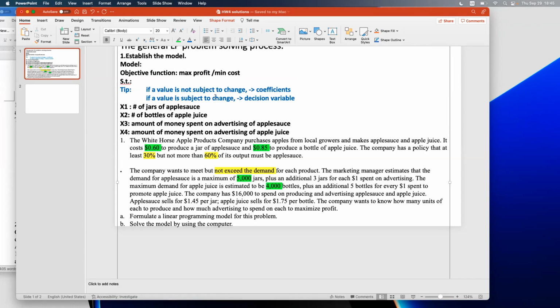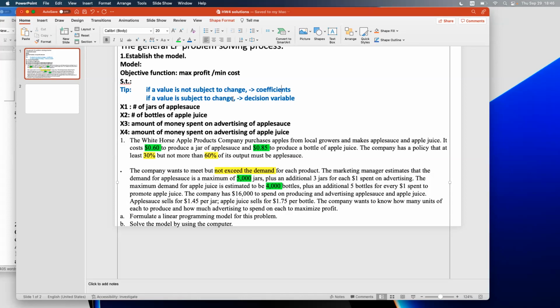Okay, so always keep in mind when you read the problem, think about if a value is not subject to change, that's the coefficients. And if a value is subject to change, basically means we can change that. And if we can change that, that's the concept of operations management, right?